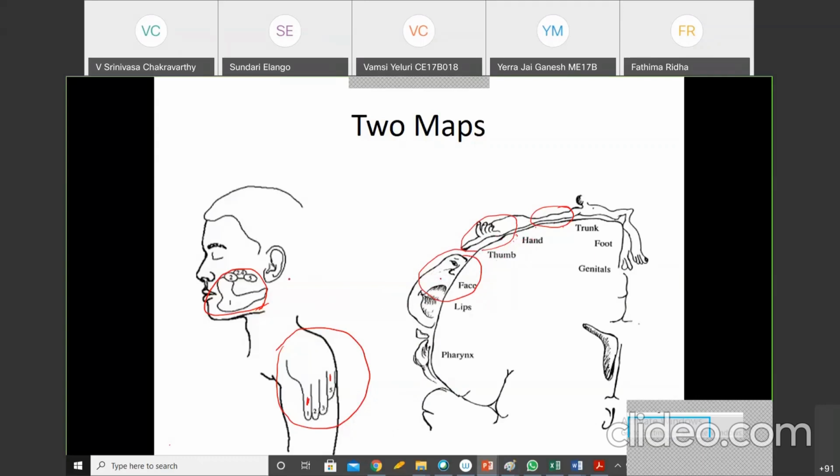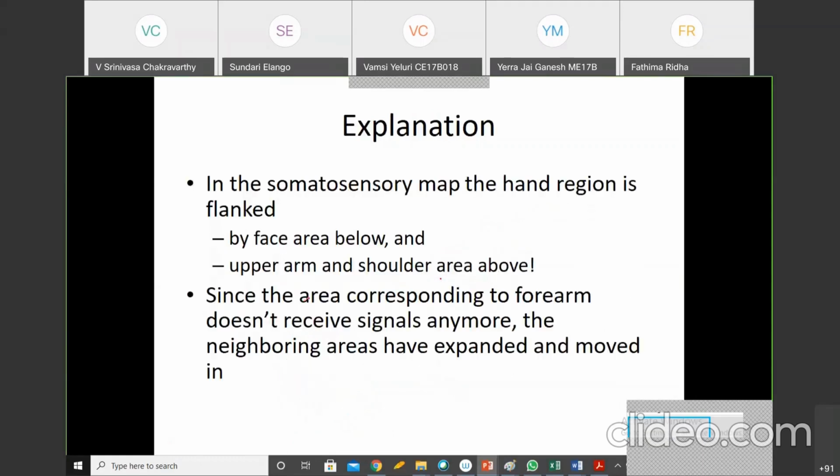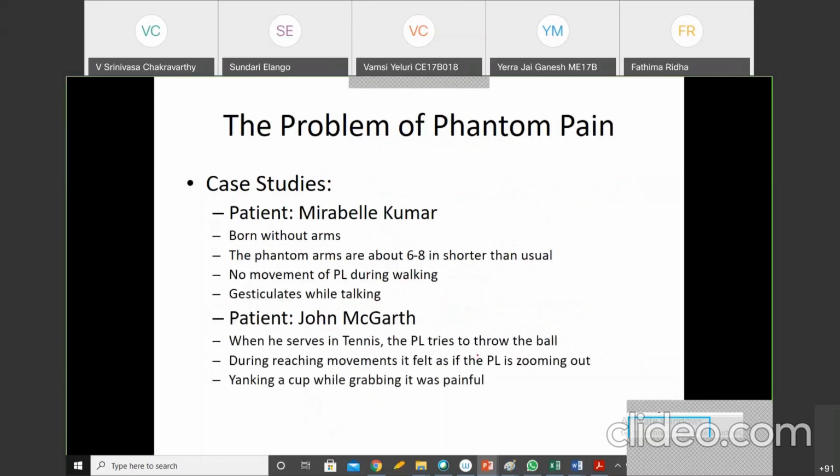So that kind of explains all these clinical phenomena. In the somatosensory map, the hand region is flanked by the face area below and upper arm and shoulder area above. So since the area corresponding to the forearm doesn't receive signals anymore, the neighboring areas have expanded and moved in. So this is a very simple explanation to all these phenomena that we have noticed.